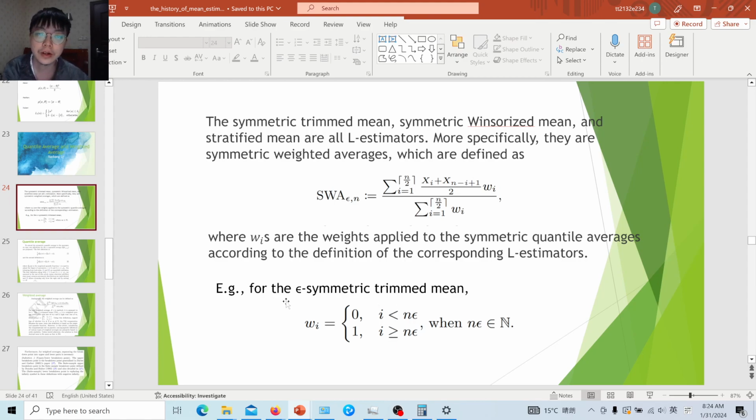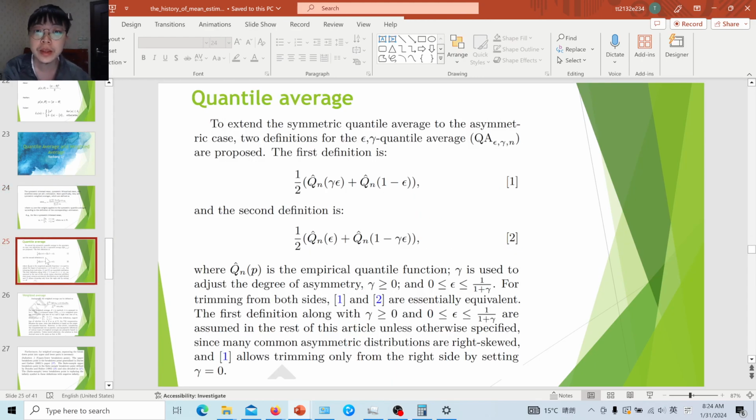For example, for an epsilon symmetric trimmed mean, if the order is smaller than the sample size times the breakdown point, we assign a zero weight. But if it is greater than or equal to the sample size times the breakdown point, we assign weight 1.